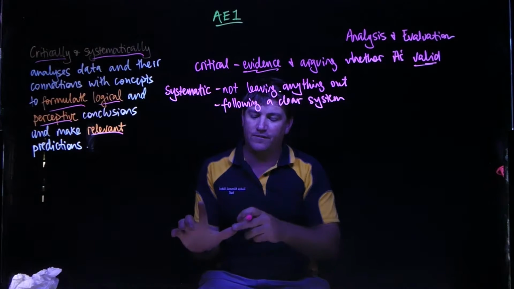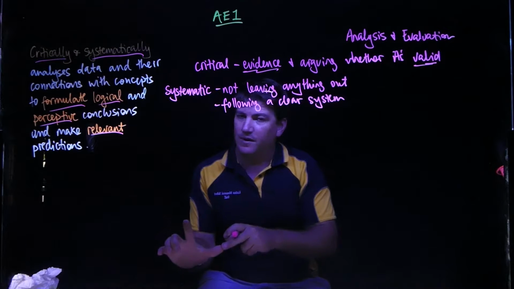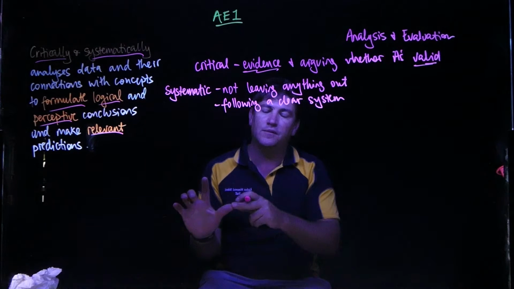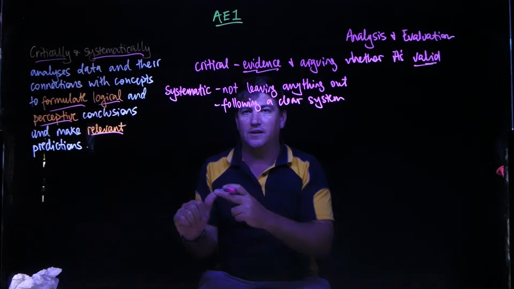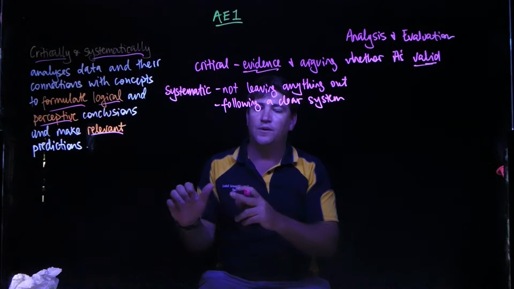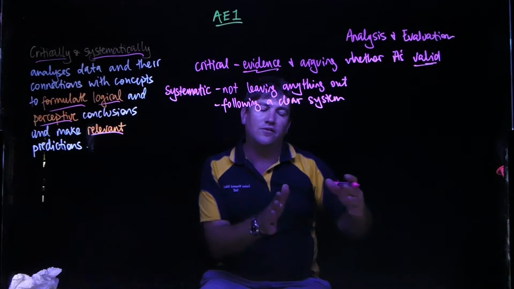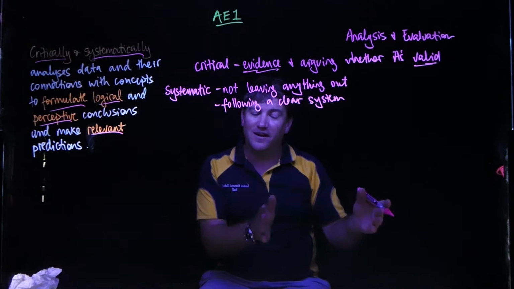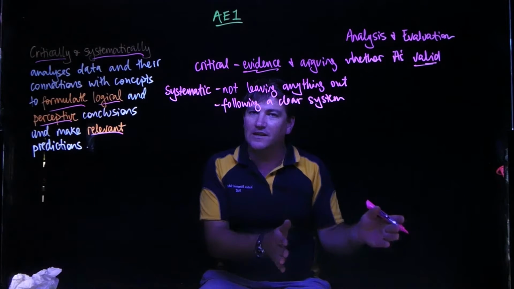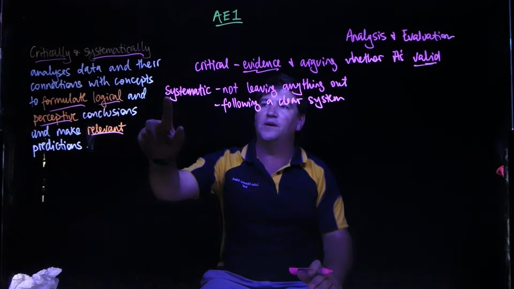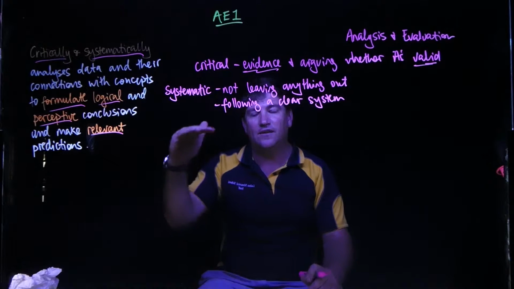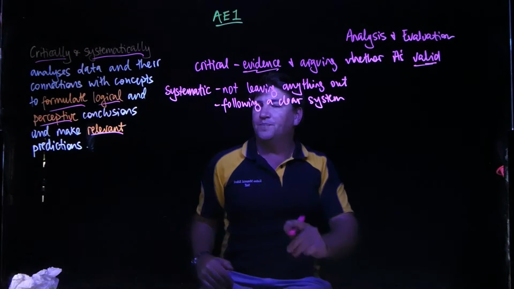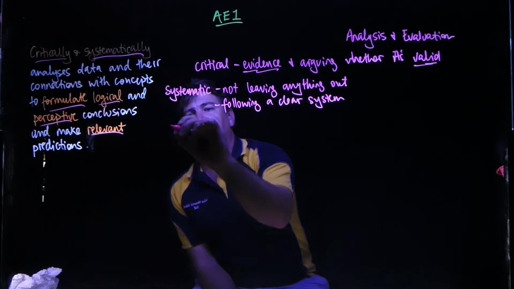And after you've pointed out the evidence of random errors, you look at what those sources of random error may actually be. And you're trying to make connections between what you've investigated and the limitations of the investigation that you're performing. Being systematic means you're not leaving anything out, you've covered everything, and it's in a nice logical sequence.